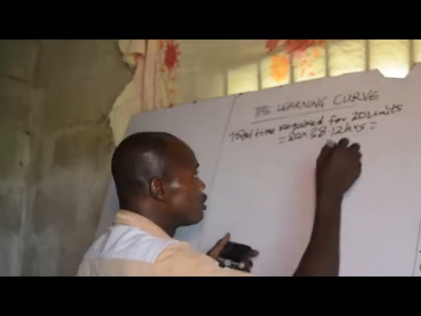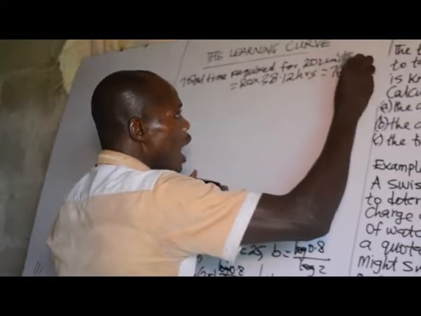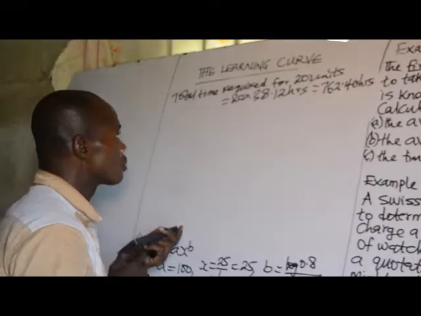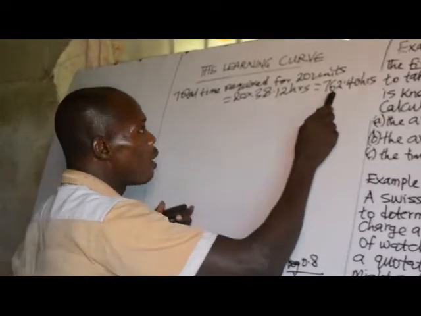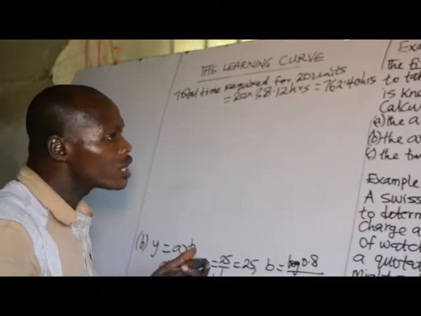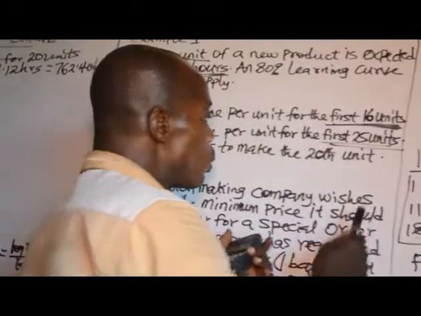Then we have 762.40 hours. To produce the total of 20 units, it will take you 762.40 hours.